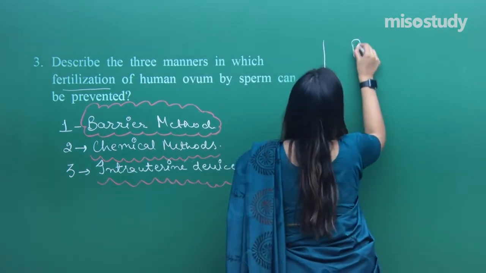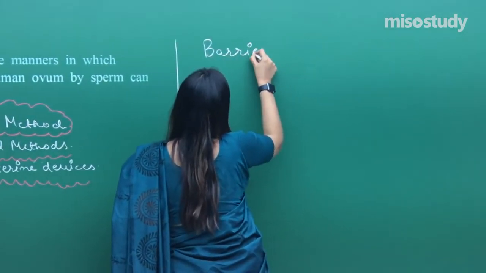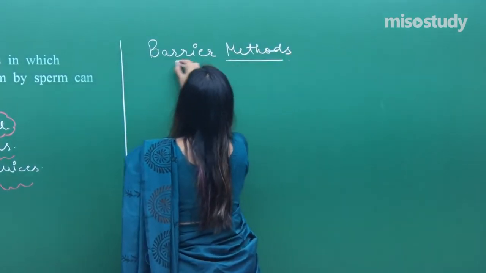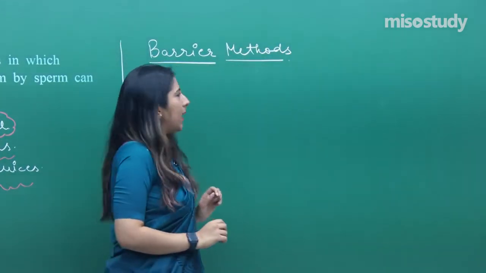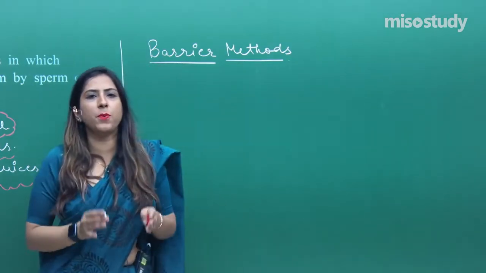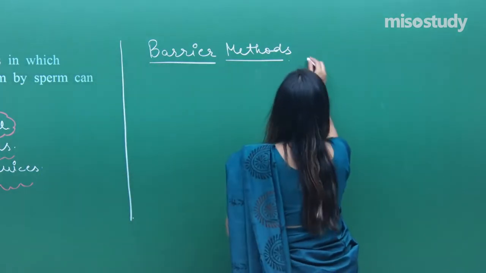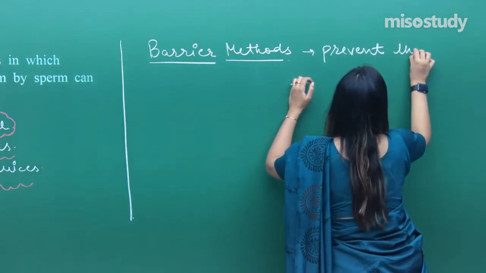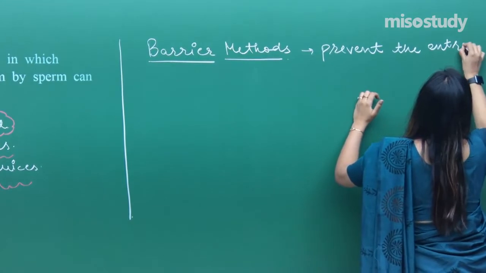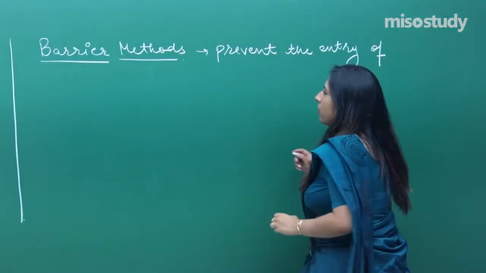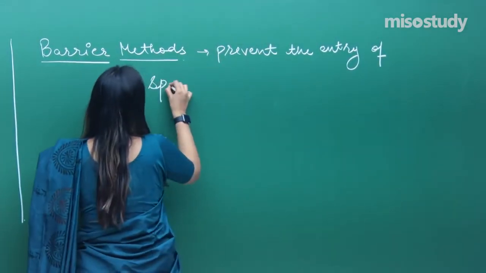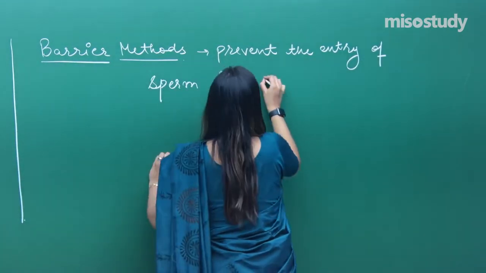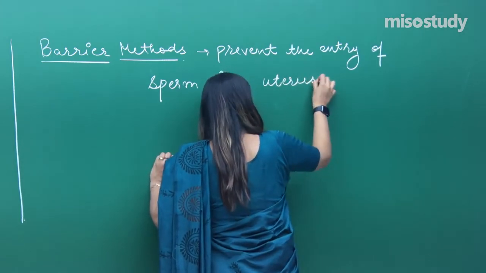So students, come at this side. Barrier methods. The first method, the barrier method, prevents the entry of sperm into the uterus.